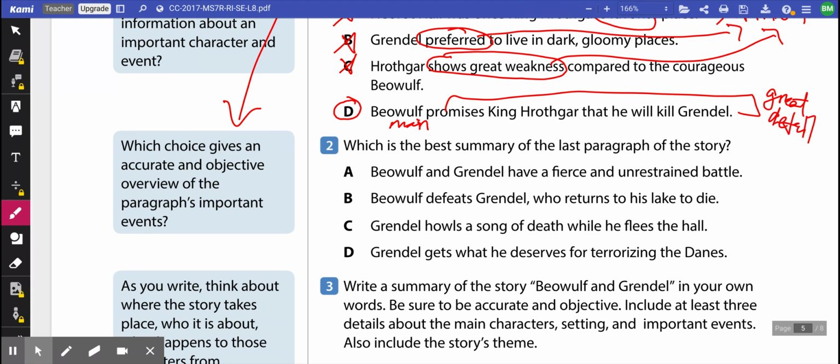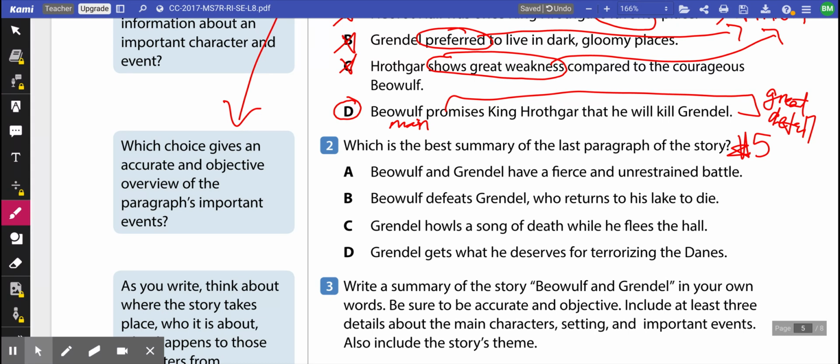All right, number 2 says, which is the best summary of the last paragraph of the story? Remember, guys, that is just paragraph number 5. That's all we're looking at is paragraph 5. So go back and look at paragraph 5 again. So, is it A, Beowulf and Grendel have a fierce and unrestrained battle?